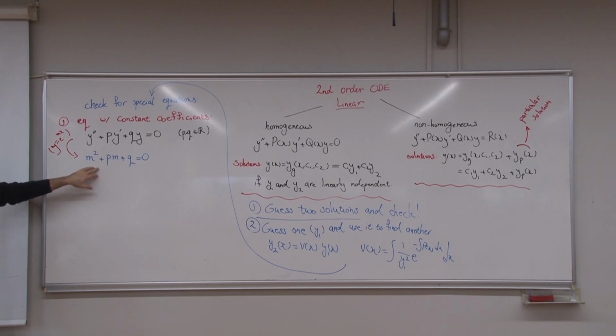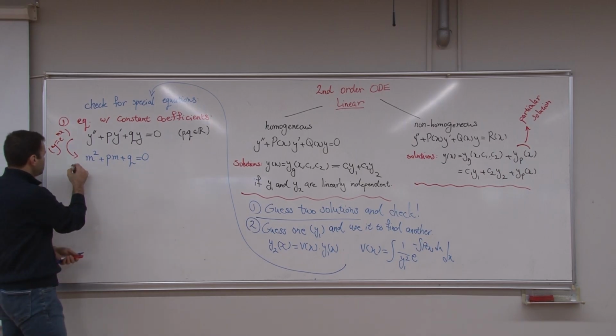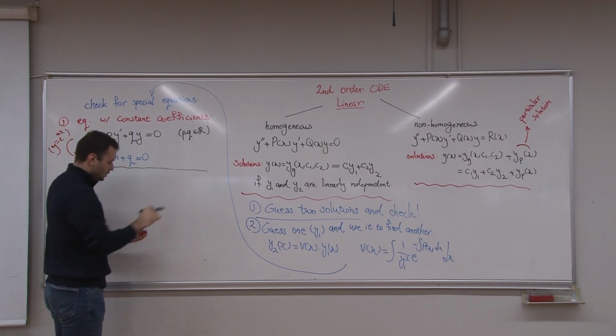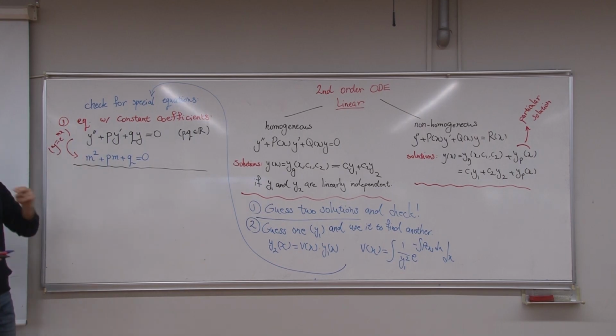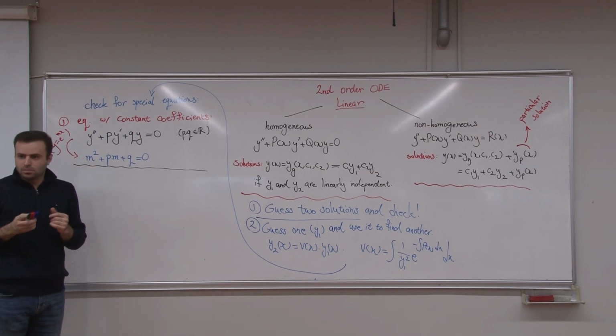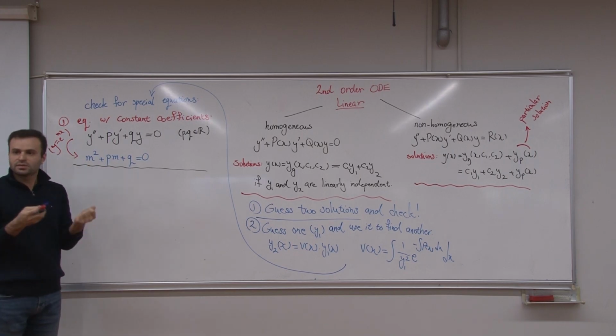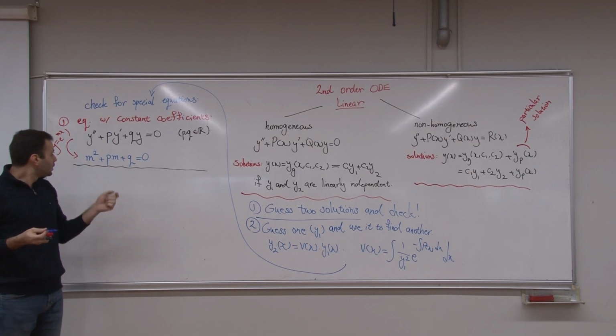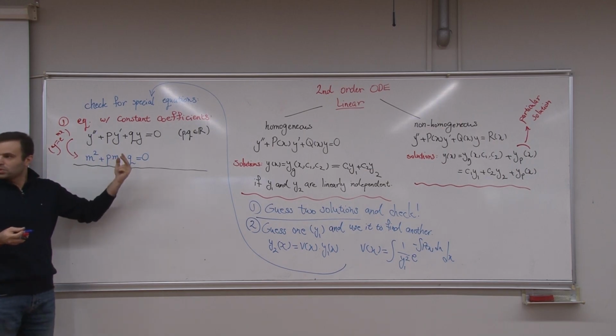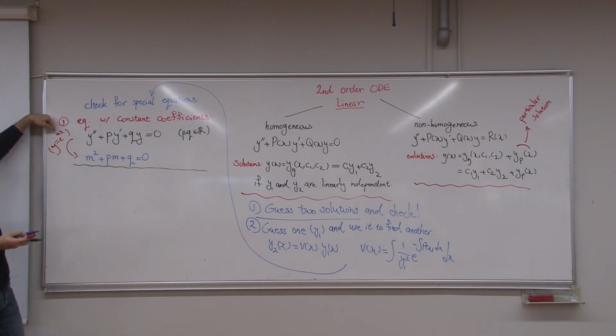So what were our solutions if we had the roots of this equation? We have either two real roots for this equation which are distinct, m1 and m2. So if I have two real roots, m1 and m2, come back and replug it here.